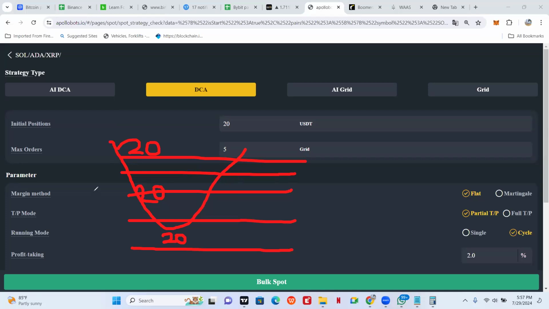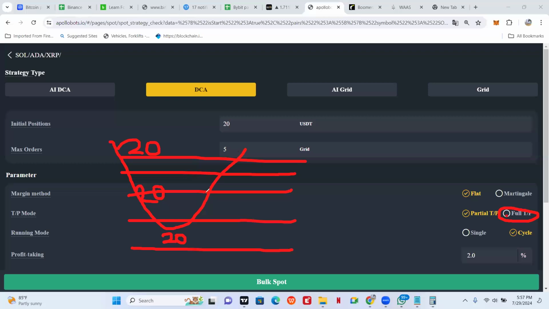But for the full TP, what does it do? When it trades on DCA, it picks this trade, it comes down, it picks this trade, it comes down, it picks this trade. So now it will not sell it individually because you're on full TP.